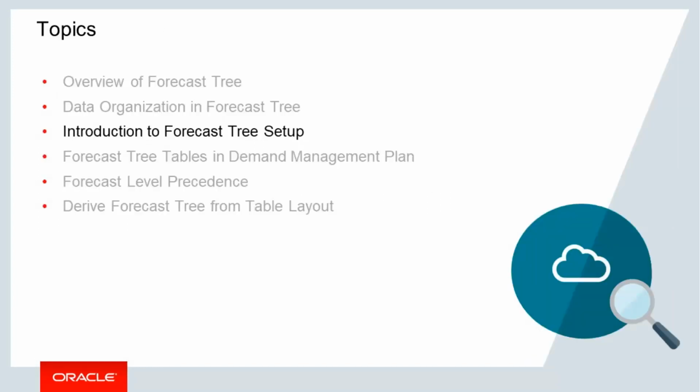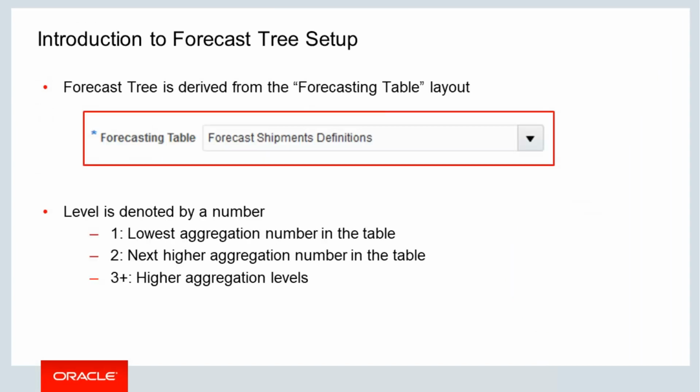Let's gear to our next topic, forecast tree setup. The data aggregation levels at which forecast is attempted are derived from the layout of the table provided to the forecast profile parameter, forecasting table. The table definition is used to determine which is the first aggregation level and which subsequent levels will be used.